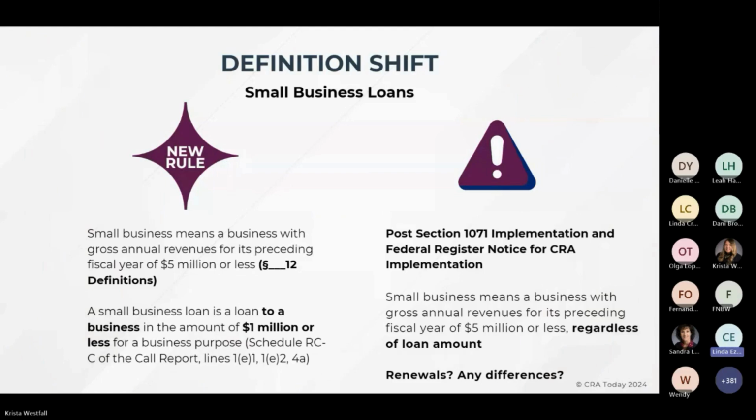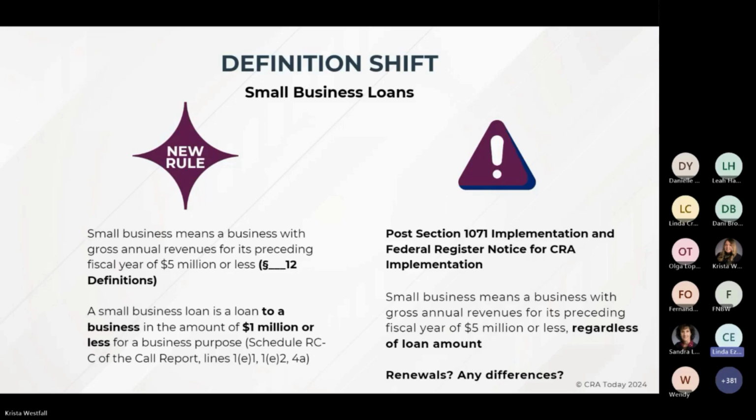So right now, until we hear otherwise through a Federal Register notice, we are looking at small business loans as $1 million or less, and the call report definitions 1E1, 1E2, 4A. Okay.